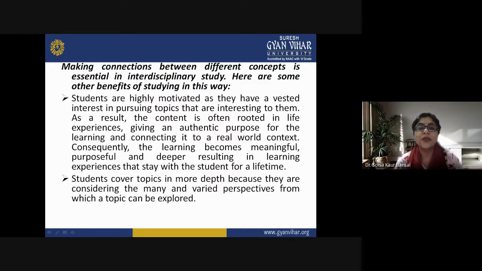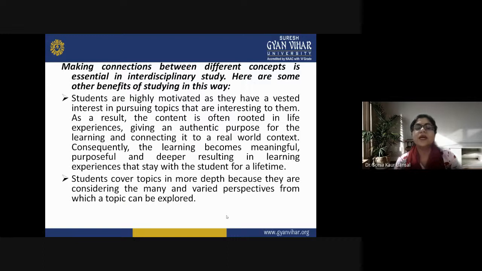There is a lot to learn from other disciplines also. So this is how you are going to understand. All right, students. So let's understand that making connections between different concepts is essential in interdisciplinary study. And here are some other benefits of studying in this way also.